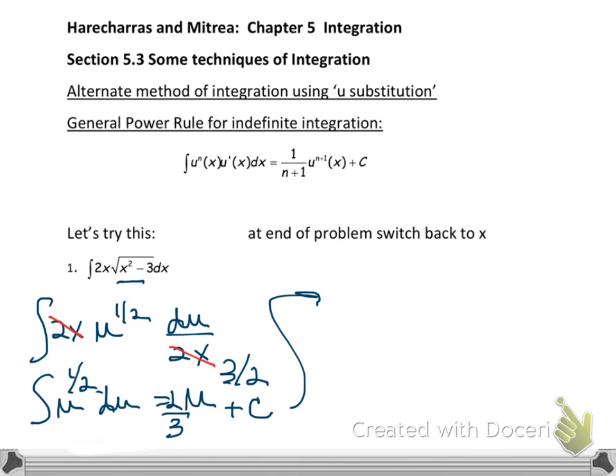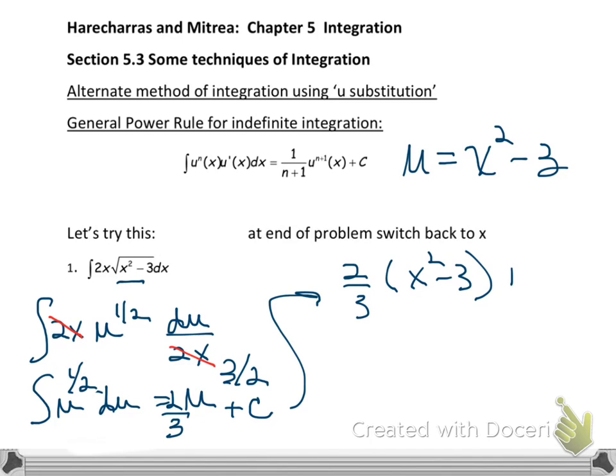So remember we said u was x squared minus 3. So we're going to replace our u with x squared minus 3. So now our antiderivative, the answer, is going to be 2/3, and then you're going to have x squared minus 3 to the 3/2 plus the constant of integration. Okay, so that would be your capital F of x.